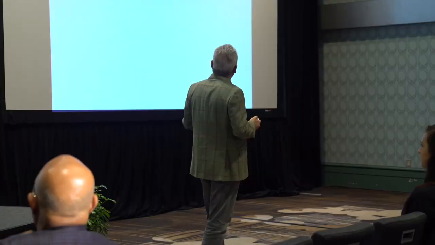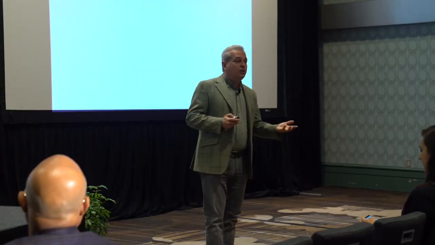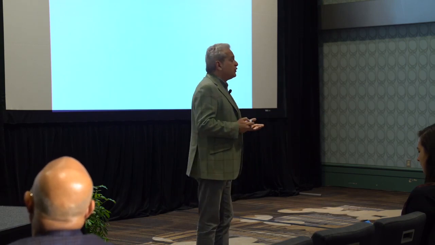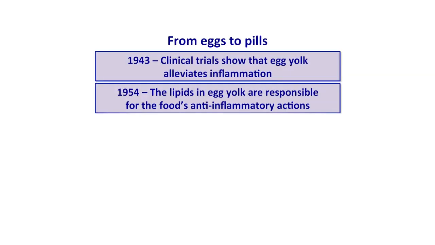And that discovery brought scientists to ask the question, what chemical component of egg yolk is responsible for the anti-inflammatory effects? And scientists discovered that it was a lipid. So it was not the protein, it was not the sugars, but rather the lipid component, which of course in egg yolk is very abundant, as you know.